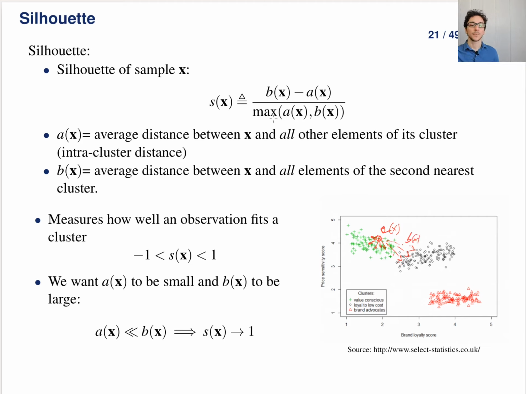The point is on average very far from the other cluster, and A is small, so the point is on average close to the points of its own cluster. So we would like to have S as high as possible.